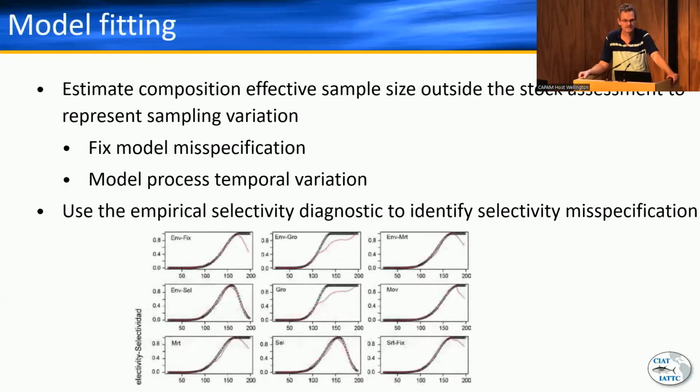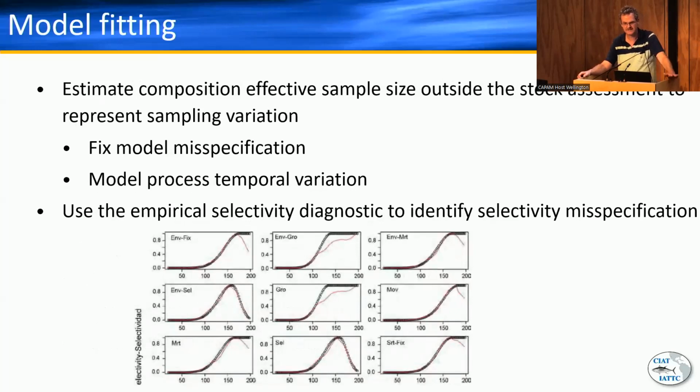As far as model fitting goes, my current thinking on the approach is to estimate the composition effective sample size outside the stock assessment to represent the sampling variation. Any additional variation that you estimate, say through the Francis or the Dirichlet likelihoods, is due to model misspecification or unmodeled process variation.